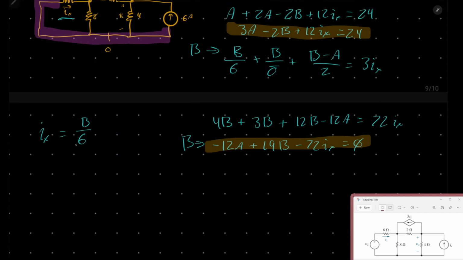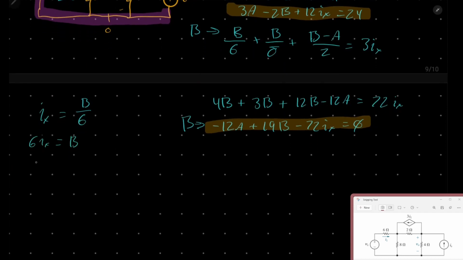We can do this by multiplying this 6 over to the Ix. So we'll get 6 Ix equals B, and then subtract over the B, or we can subtract over the Ix, doesn't matter. So we end up with 0 equals, we'll do it the other way. 6Ix minus B equals 0.